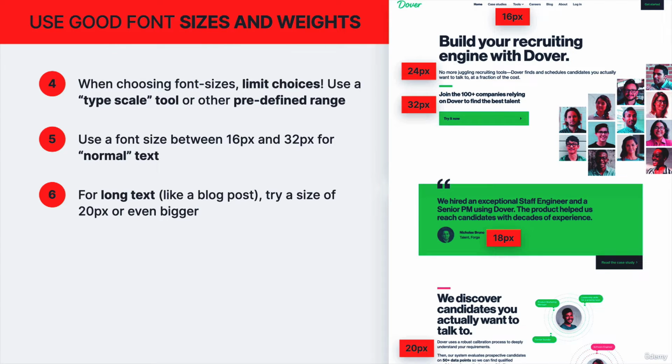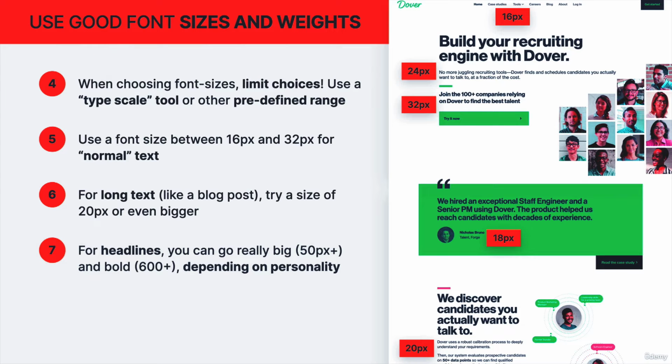But anyway, for big headlines, you can actually go really big with your font sizes, like even more than 50 pixels, and you can also make them really bold, like more than 600. And we didn't learn about these bold values yet, but we will, maybe in the next lecture or in our big course project.